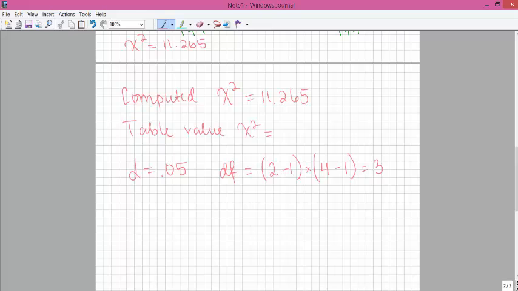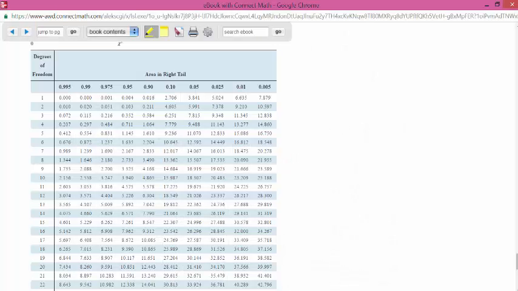So that's our number for degrees of freedom. Now I'll go back to my table here, and I'm looking for 3 degrees of freedom right here. Alpha level is 0.05, so the number is 7.815.